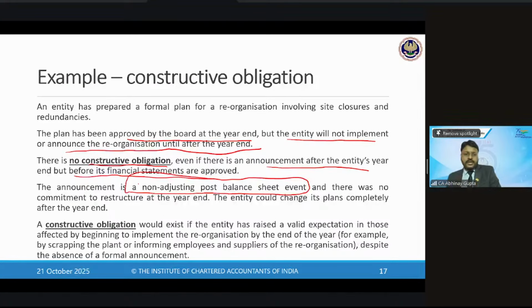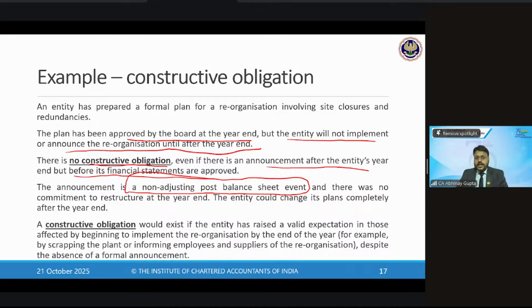Ind AS 10 already done. Adjusting event, non-adjusting event, yes, right? So what that standard says is, if something is coming after the 31st March but before the approval of the balance sheet, right? Those subsequent events are to be categorized into two categories: adjusting and non-adjusting.